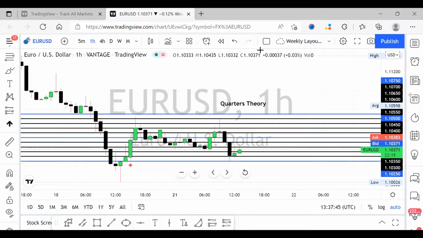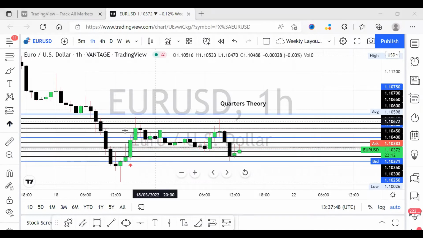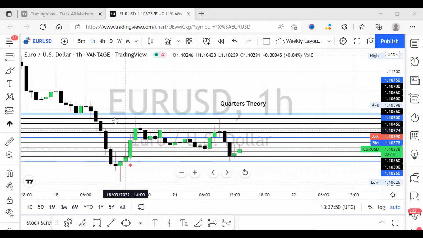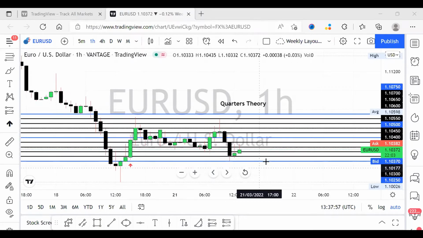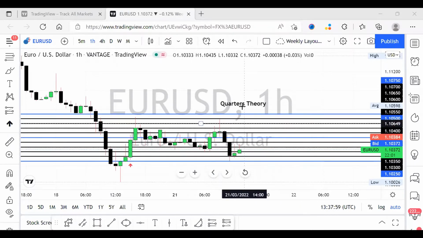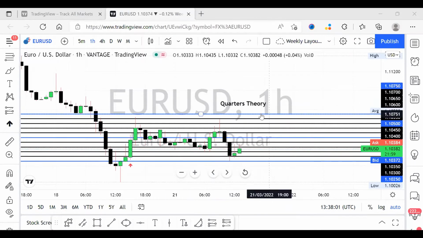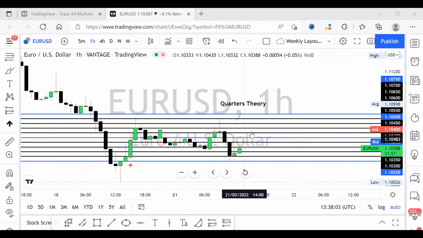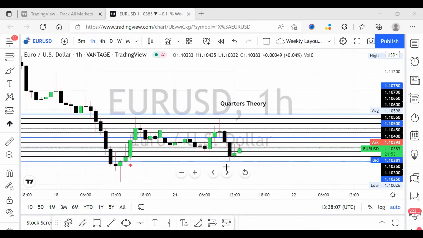Okay, so we have been learning about supply and demand, okay, to identify where the sellers and buyers are. But in terms of price, we need to understand quarters theory. So the quarters theory is every 250, we mark our charts with horizontal lines.